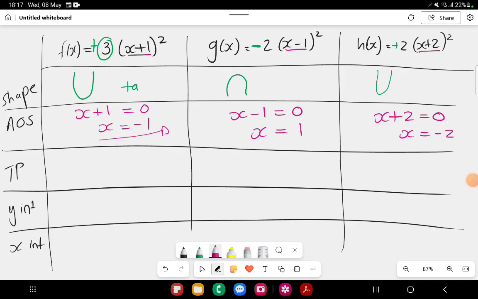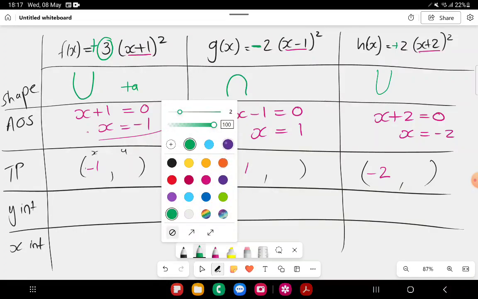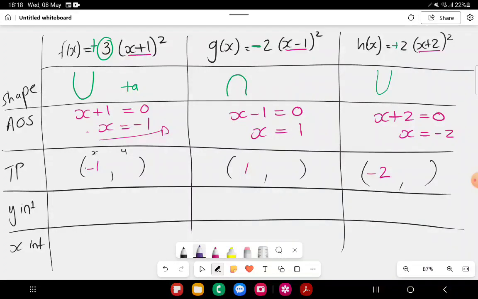Now we're going to look at the turning point. The turning point goes through the axis of symmetry. It normally consists of a coordinate with an x value and a y value. So each one of these is going to have an x and a y value. The x value is always going to be the same as the axis of symmetry. So here it's negative 1, 1, and negative 2. The y value, on the other hand, is going to be equal to q.